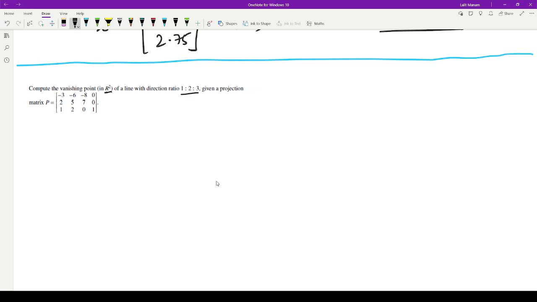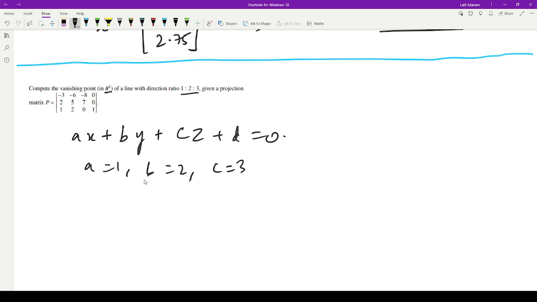Yes, correct. So when we generally write it like this, it means that A is 1, B is 2, and C is 3. So this is a line in P3.